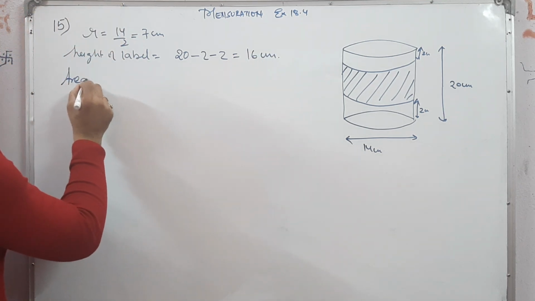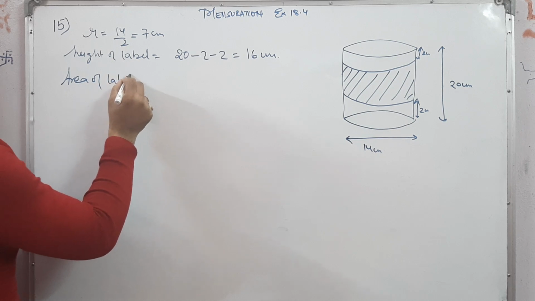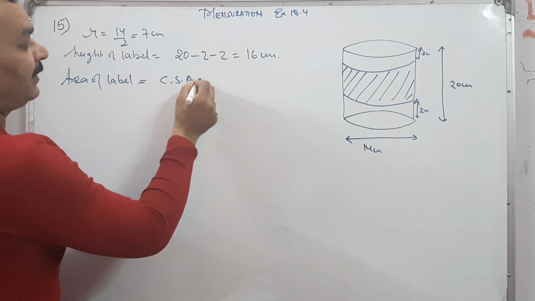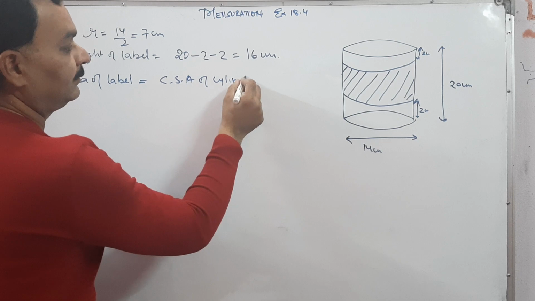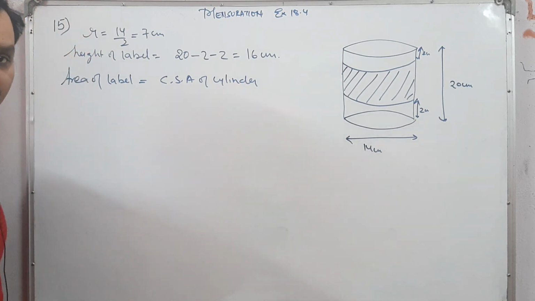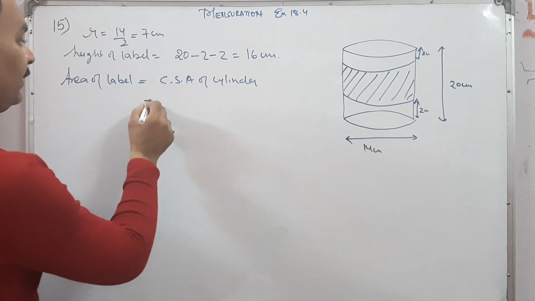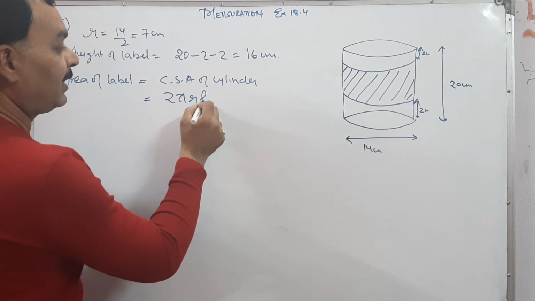So the area of the label is equal to the curved surface area of the cylinder, leaving 2 centimeter at top and 2 centimeter at bottom. That is equal to 2 pi R H.